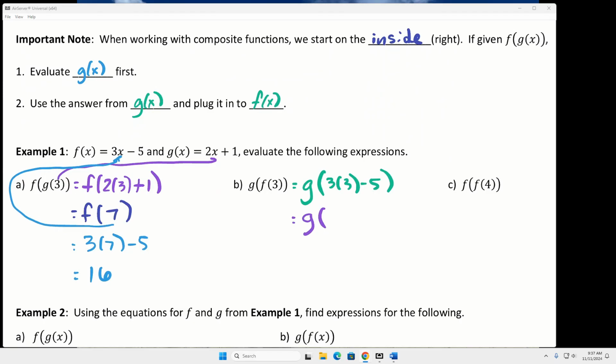And then that's 9 minus 5, or 4. And then I'll take that 4, and I'll put it into g, which means I'm going to multiply it by 2 and add 1 to it, which is going to give me 9.